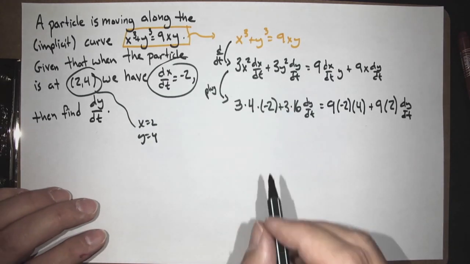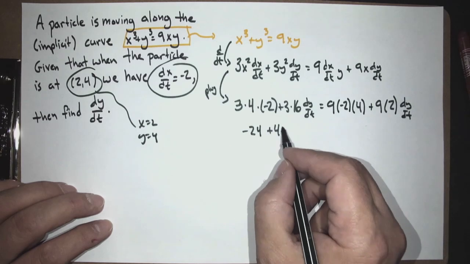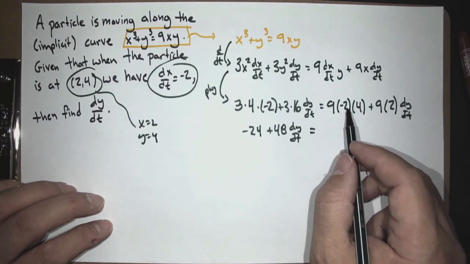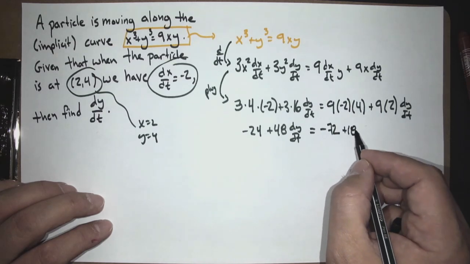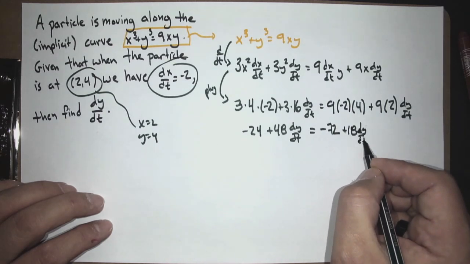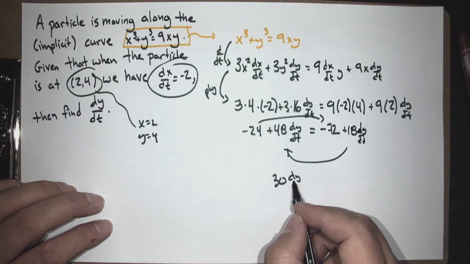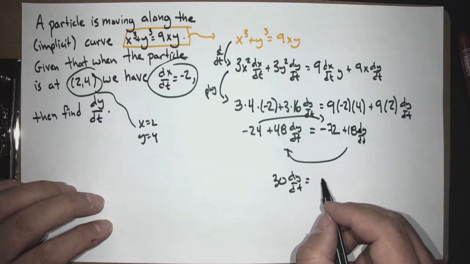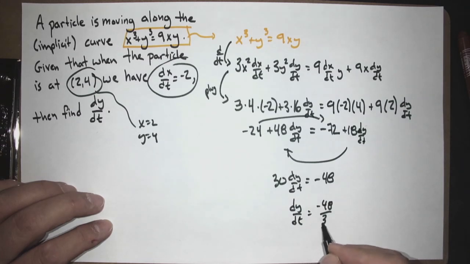Well, 3 times 4 times negative 2 is negative 24, plus 48 dy/dt equals 9 times negative 2 times 4 is negative 72, plus 18 dy/dt. Move terms around. 30 dy/dt, and you'd add 24. Negative 72 plus 24 is negative 48. So dy/dt is negative 48 over 30.